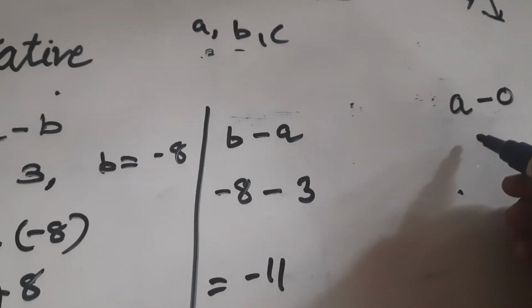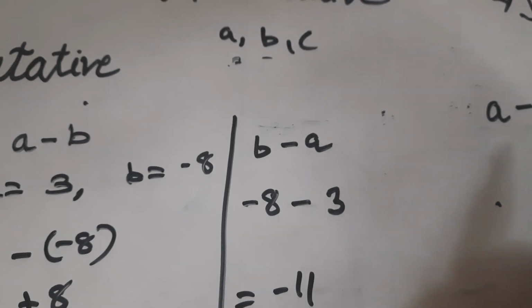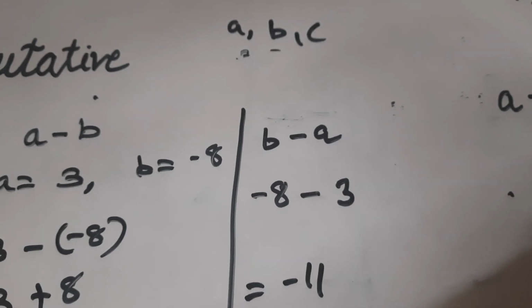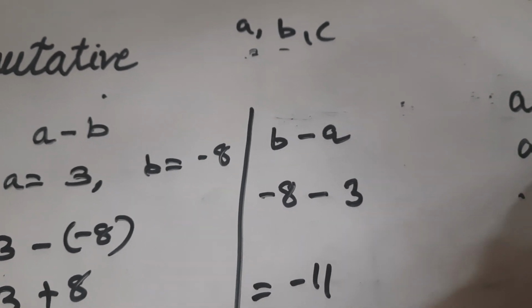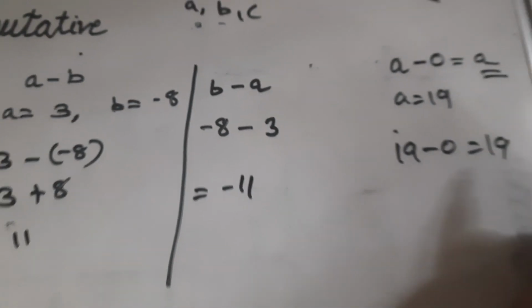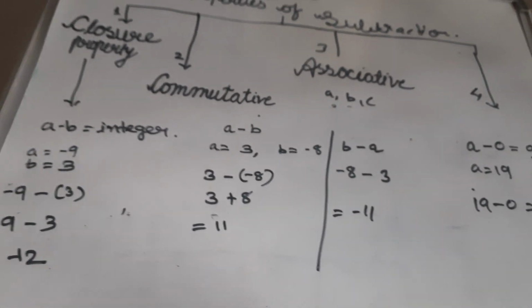If you subtract 0 from any number, the answer will be the integer itself. Let's say a is equal to 19. So 19 minus 0 is equal to 19. So we can say that 0 is the right identity for subtraction.